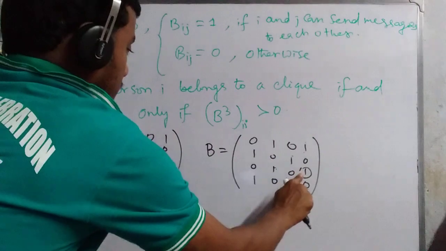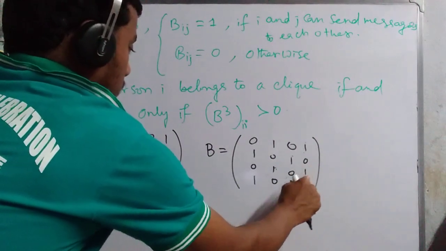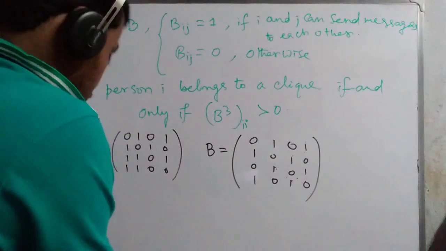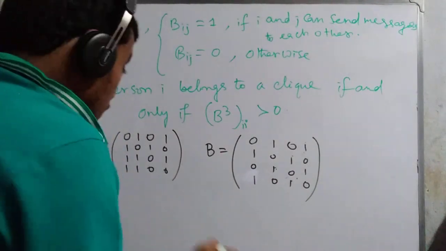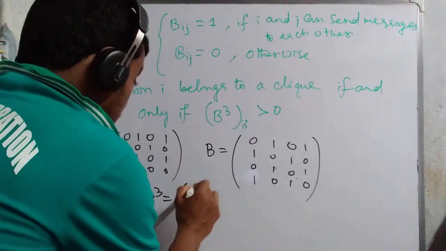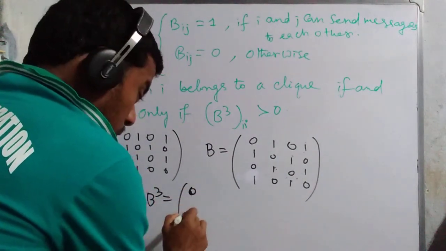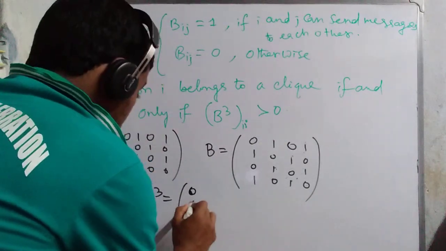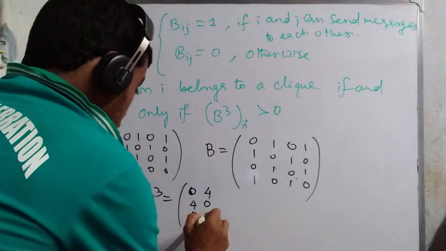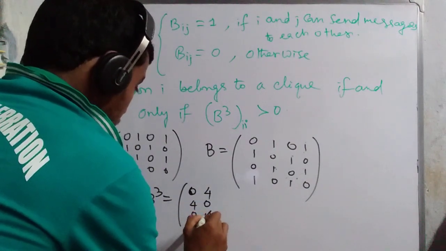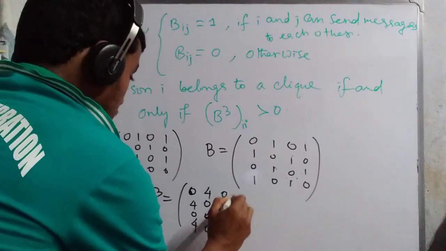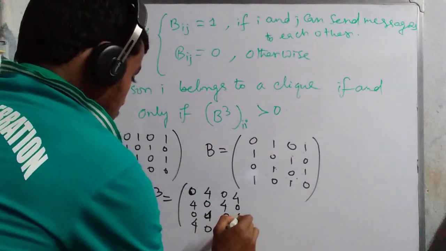Then we also check B times Q, which equals 0 4 0 4, 4 0 4 0, 0 4 0 4, 4 0 4 0.